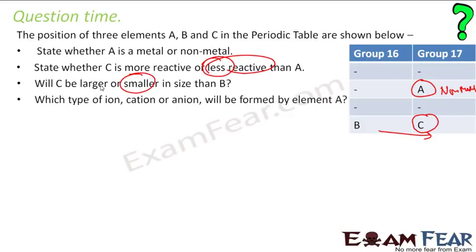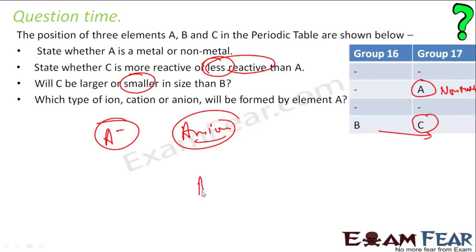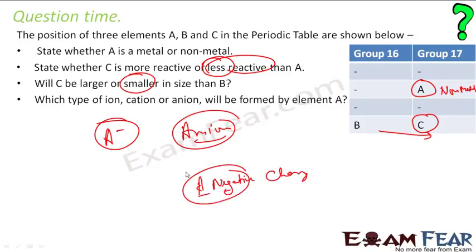What type of ions, cations or anions, will be formed by A? Since A is a non-metal, A will accept electrons and A will become A minus. Correct? And A minus is nothing but an ion, because I told you that an ion has a negative charge. Right? A negative is an ion.